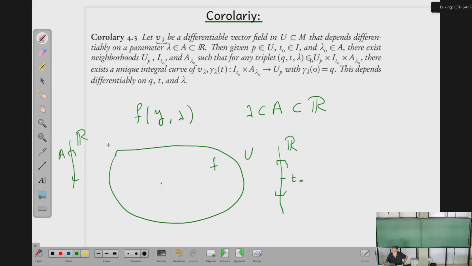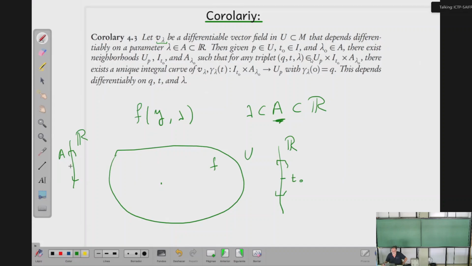So given the U, we have a solution. So at P we have a solution that goes from this interval to this interval to here.